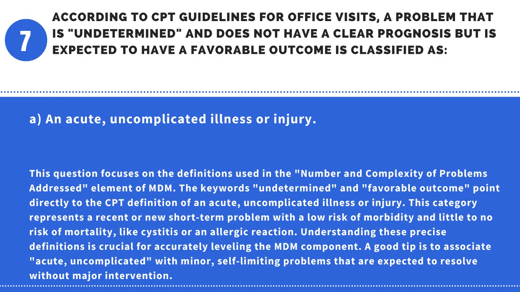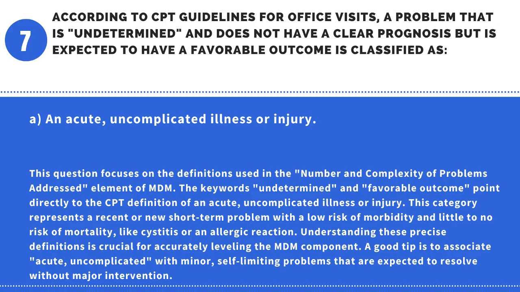Answer: A. An acute, uncomplicated illness or injury. This question focuses on the definitions used in the number and complexity of problems addressed element of MDM. The keywords undetermined and favorable outcome point directly to the CPT definition of an acute, uncomplicated illness or injury.